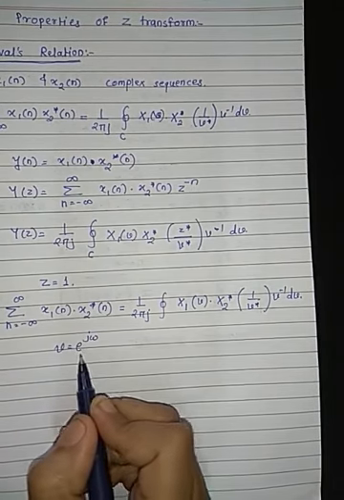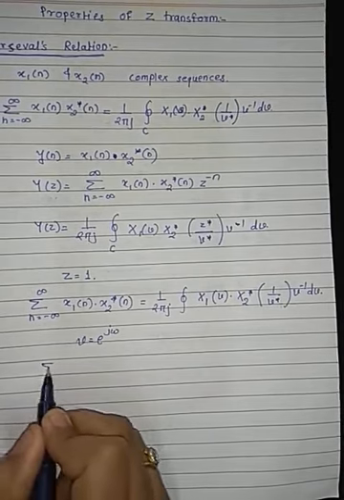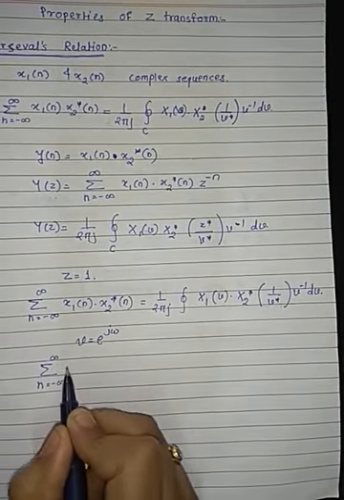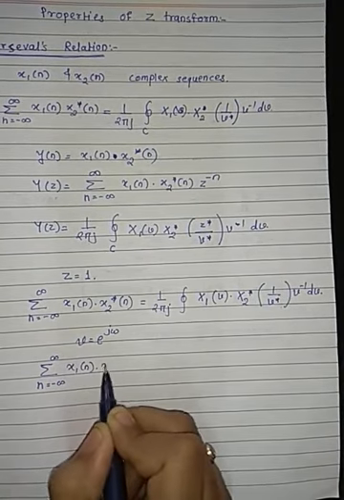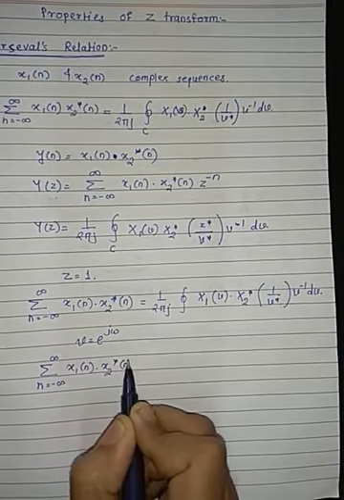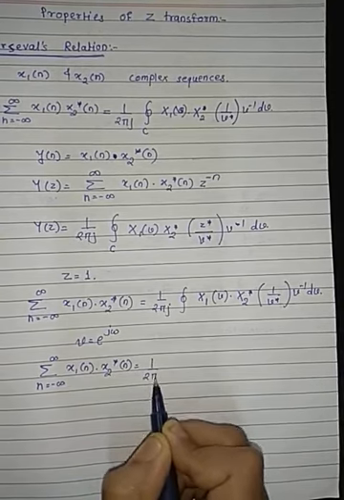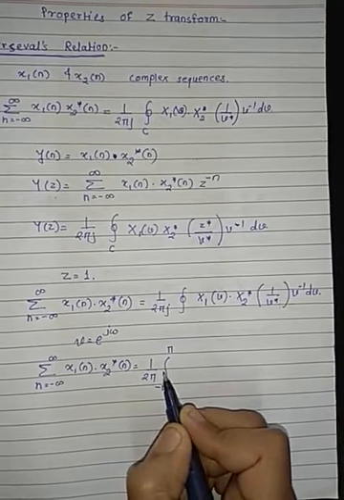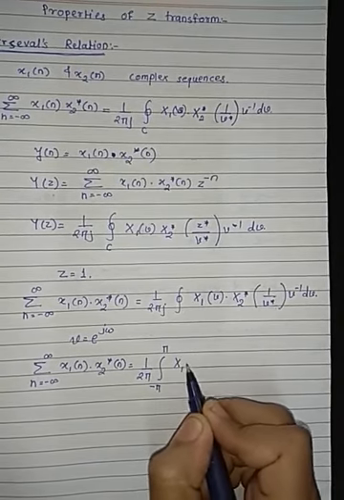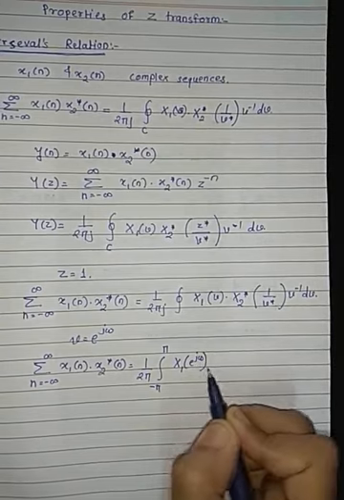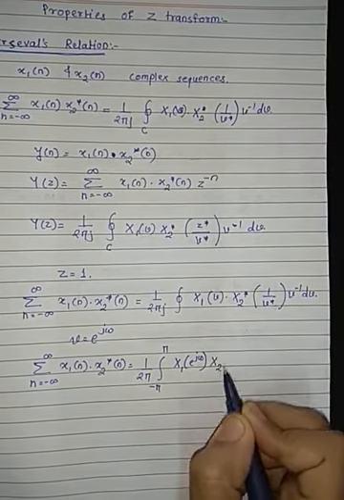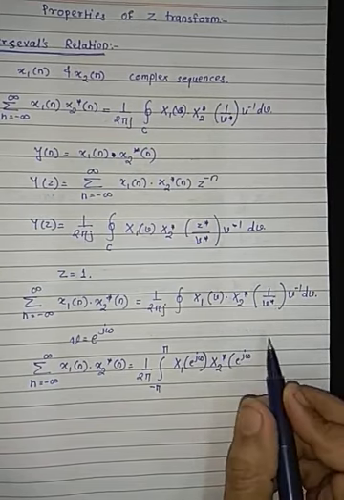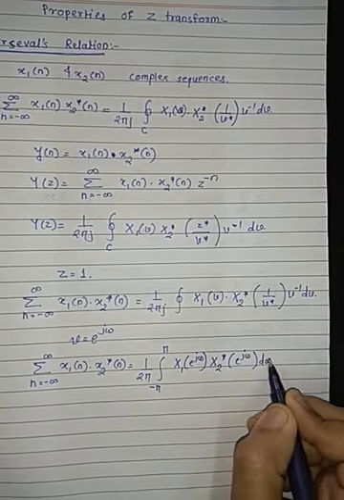And now the equation becomes summation from n is equal to minus infinity to plus infinity x1 of n into x2 complex conjugate of n is equal to 1 upon 2 pi integration from minus pi to plus pi x1 of e raised to j omega x2 complex conjugate of e raised to j omega d omega.